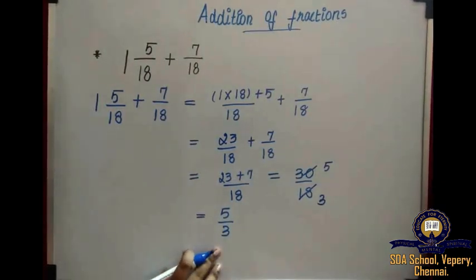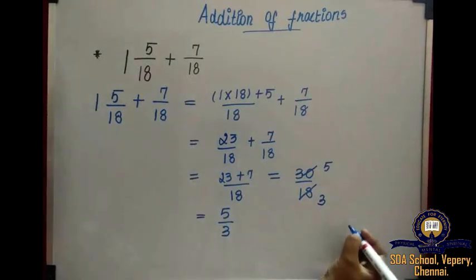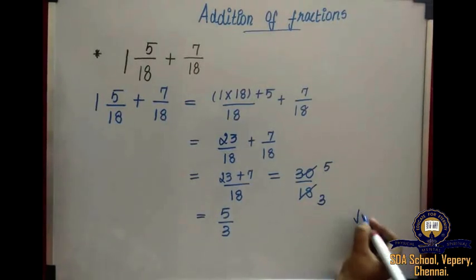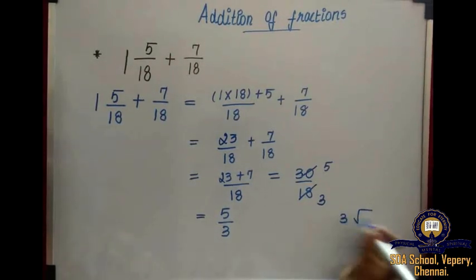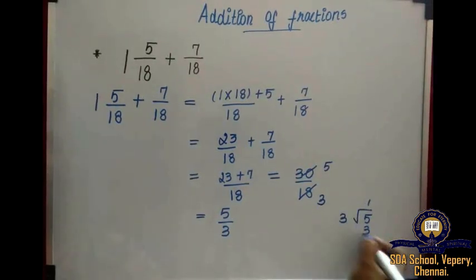We have obtained an improper fraction. So when you are obtaining an improper fraction, you need to convert it into mixed fraction. So if you want to convert an improper fraction into mixed fraction, first we need to divide, right? 3 1s are 3.